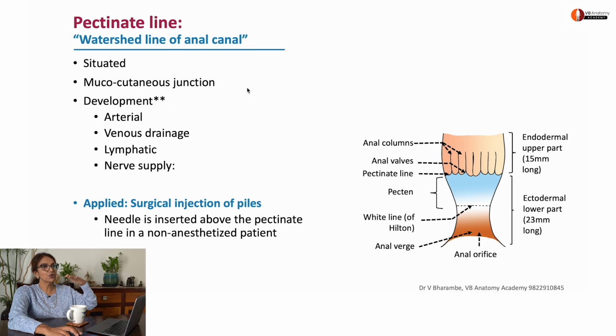Everything above is draining upwards into the inferior mesenteric vein, portal vein, or getting supply from the gut. Nerve supply is autonomic, lymphatic drainage upwards. And remember, because it is comparatively less sensitive, this is the area in which you can put in a needle in a non-anesthetized patient for treatment of some hemorrhoid.